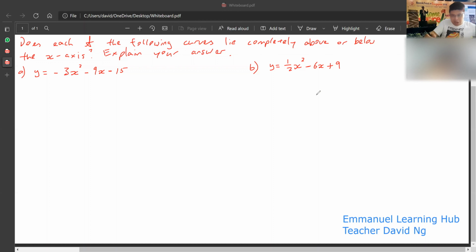Complete the square. Yes, you complete the square to know the, complete square is to know the what? Turning points. Yes, very good. Complete the square to know the turning point.